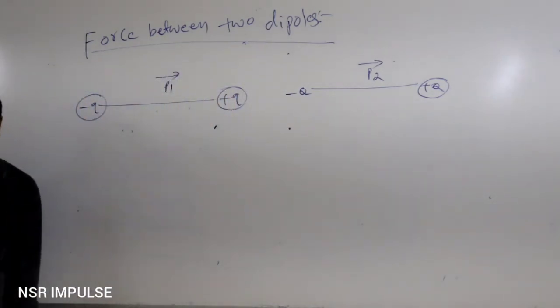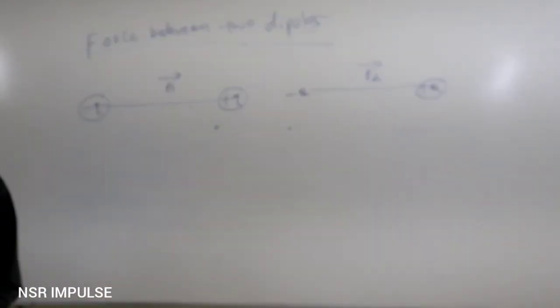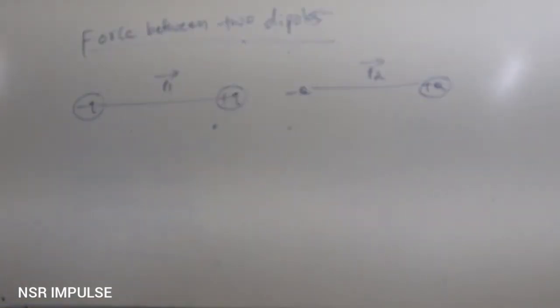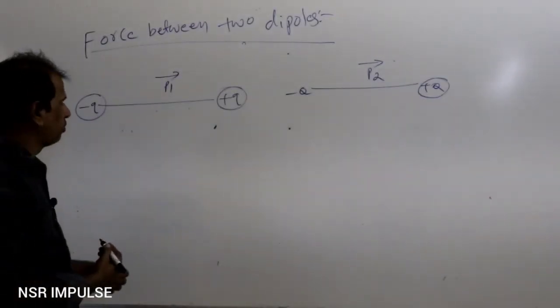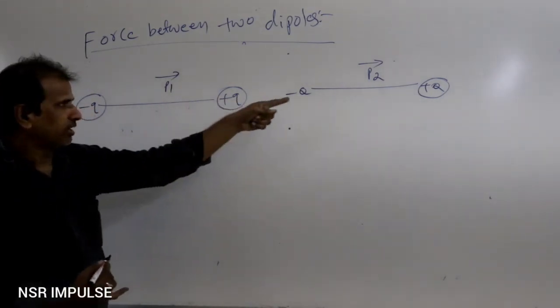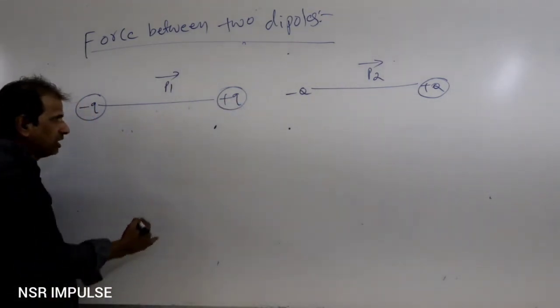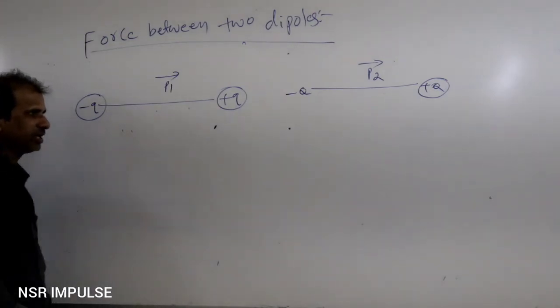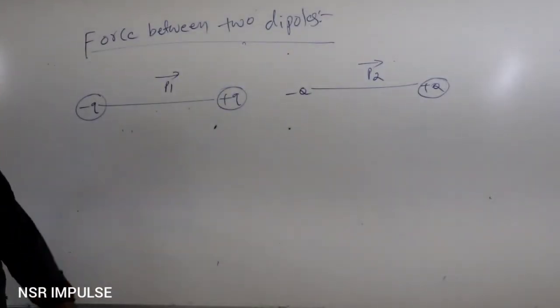Two dipoles are placed like this. Minus Q plus Q, and another one minus Q plus Q. Dipole moments are different, P1 bar and P2 bar. Both the dipoles are placed on the same line.